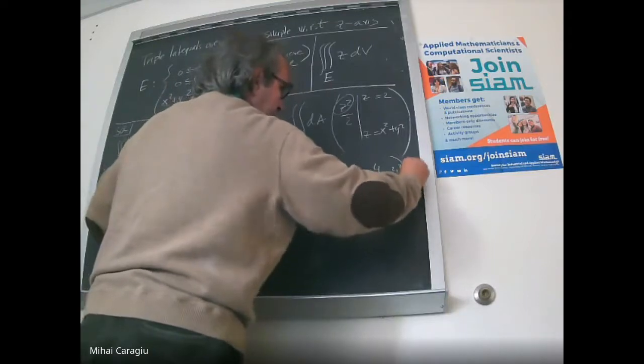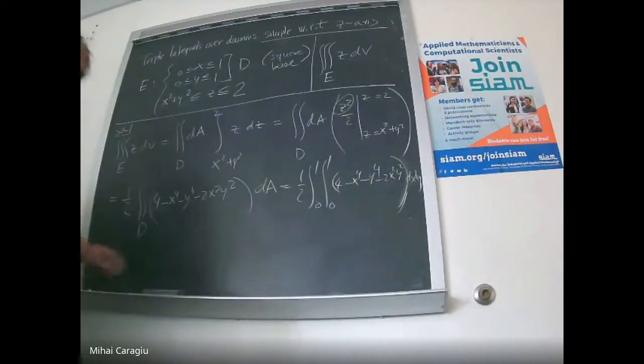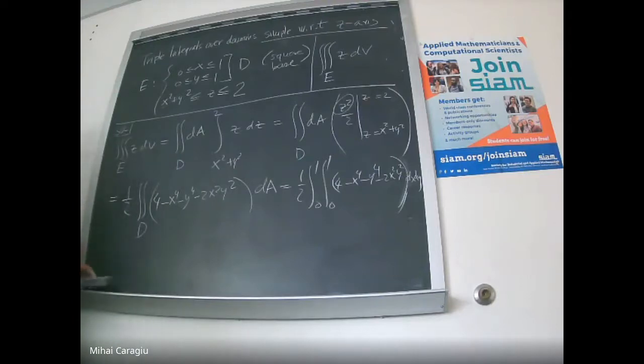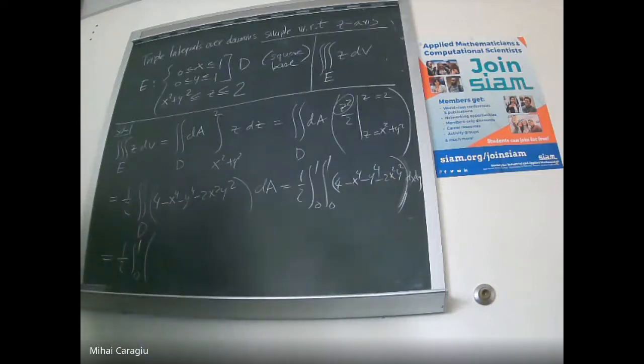Equals 1 over 2 times integral from 0 to 1. Okay, so let's do the integral with respect to x.